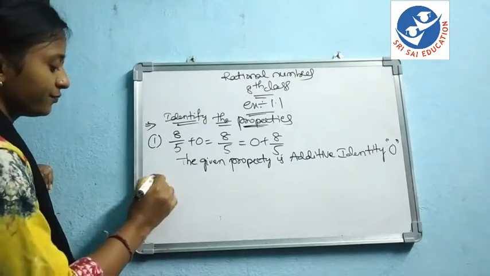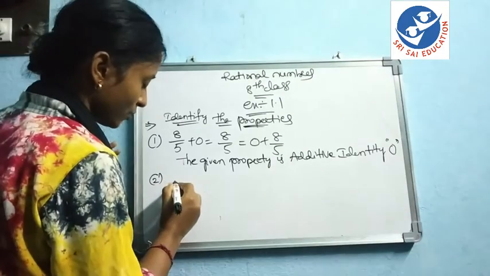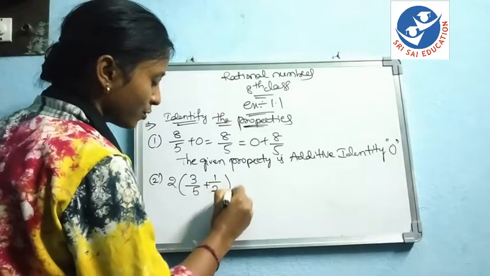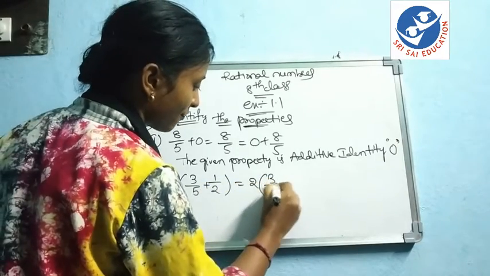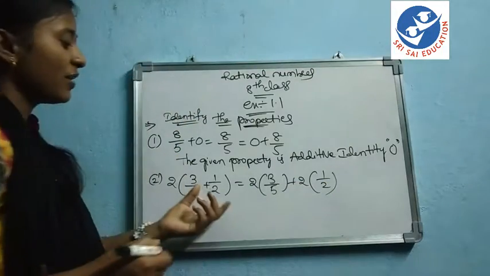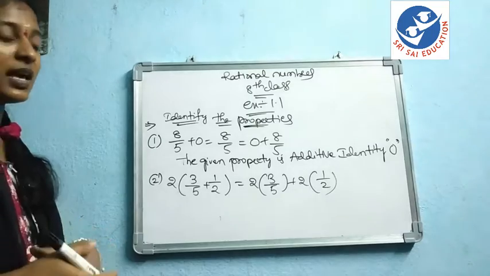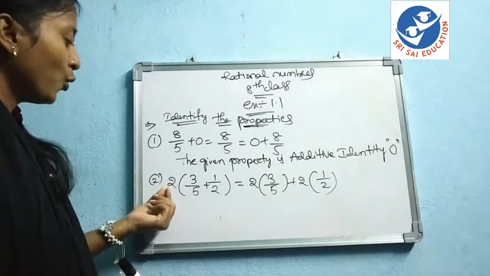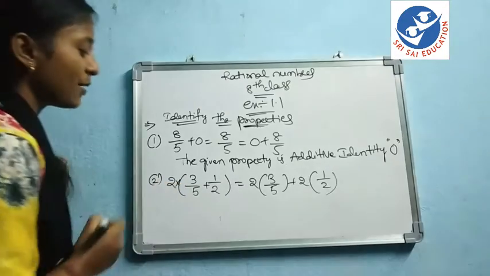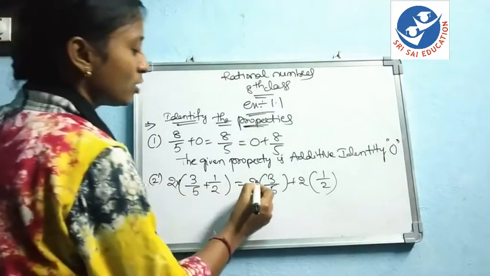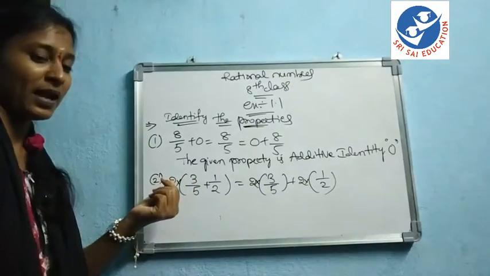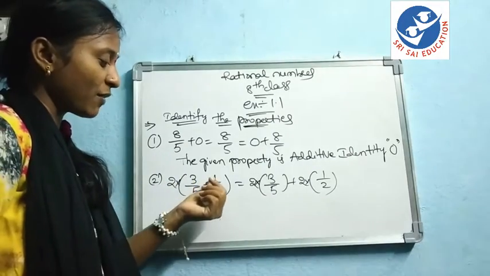Next problem. 2 into (3 by 5 plus 1 by 2) equals 2 into 3 by 5 plus 2 into 1 by 2. In this we observe 3 numbers. 2 into 3 by 5 means multiplication. In the bracket, the number is multiplied: 2 into (3 by 5 plus 1 by 2).